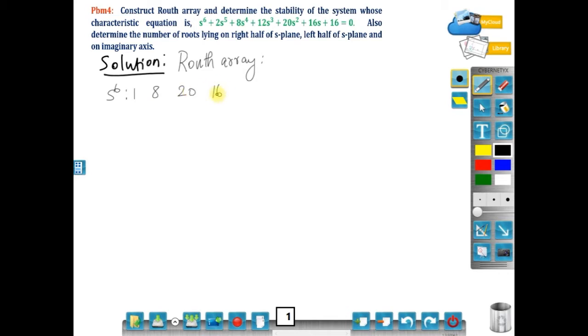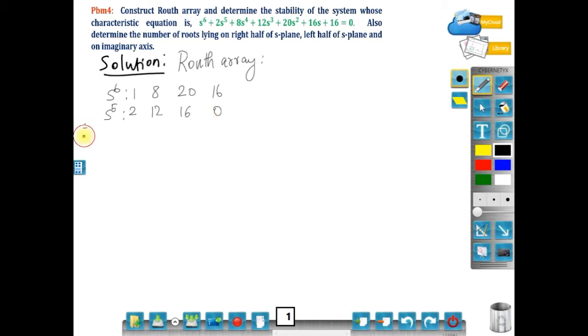Okay. So the next row, S power 5. In this particular row, the coefficients of S power 5, S power 3, and S power 1 will appear. S power 5 has the coefficient 2, S power 3 coefficient is 12, S power 1 coefficient is 16, and in this place we need to put 0.